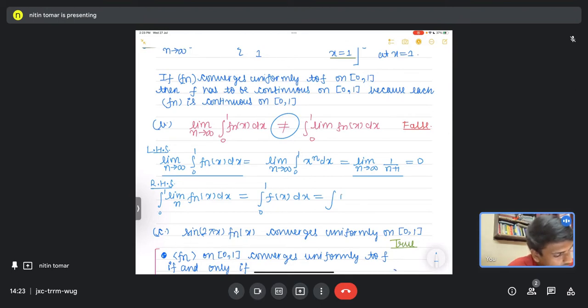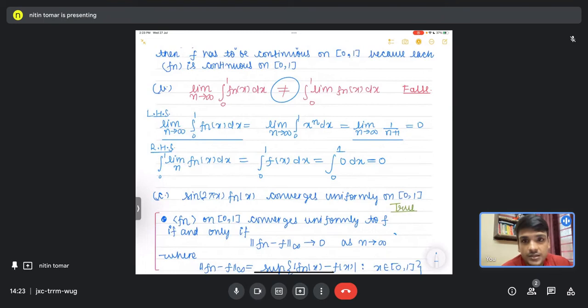So this value will be 0. So when you interchange the limit and the integration, the answer is the same. In the second option, an inequality is given, but they are in fact equal. So the second option is false.